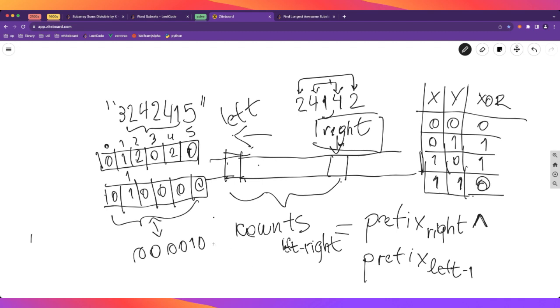There are only 11 possibilities for the counts that we care about, that are awesome, as they say in the problem.